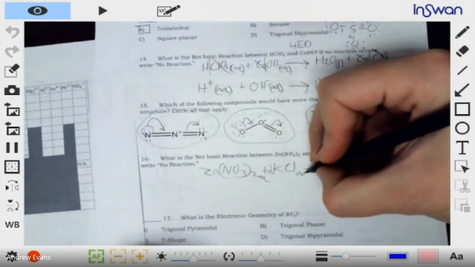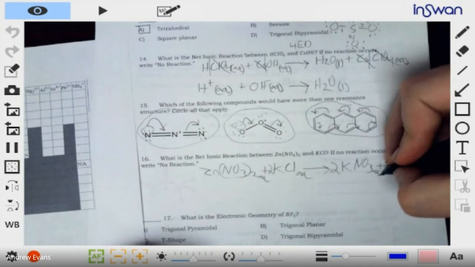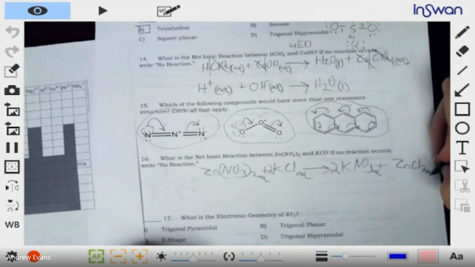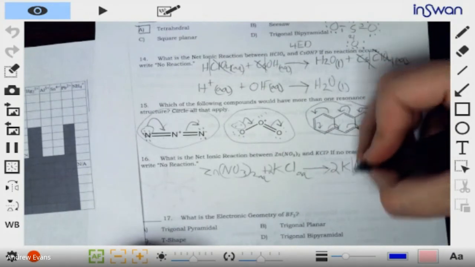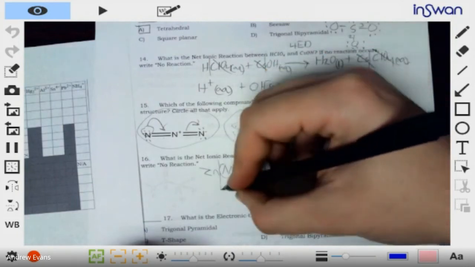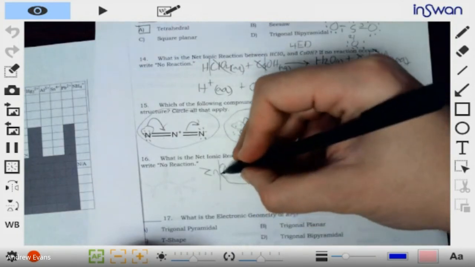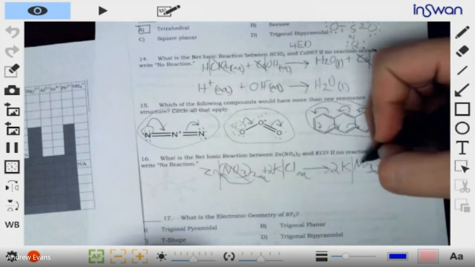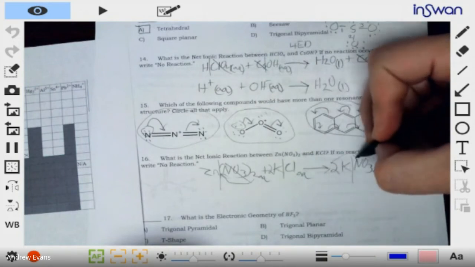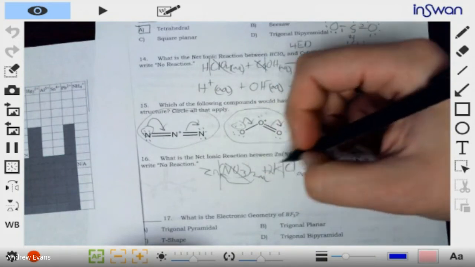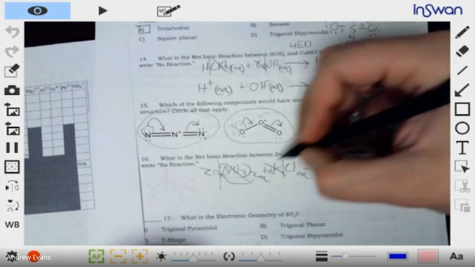Okay, well, if everything is soluble, everything is aqueous. If everything is aqueous, when they split apart, everything ends up canceling out. Two nitrates cancel two nitrates. Two potassiums cancel two potassiums.